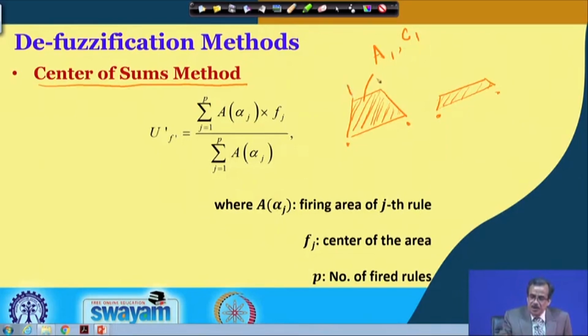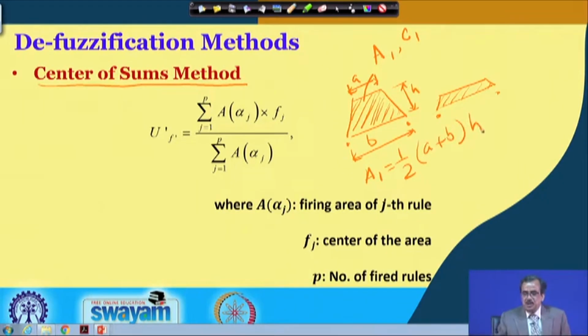If I know this dimension, say A, this dimension, say B, and this H, then A1 is nothing but half (A plus B) multiplied by H. So, very easily we can find out the area of this trapezium, and what should be the center of area along this particular direction.